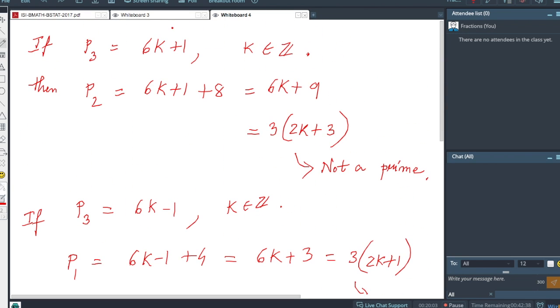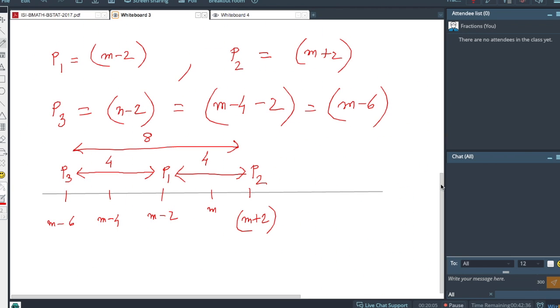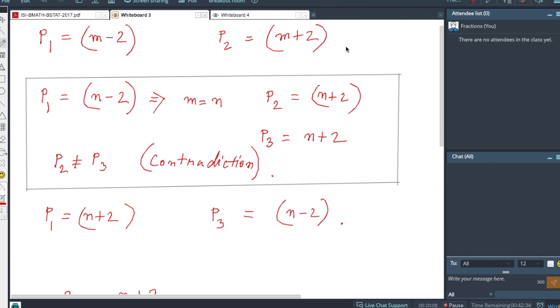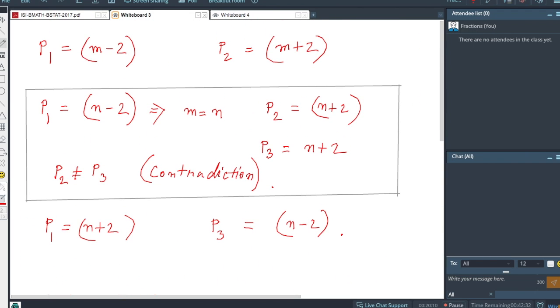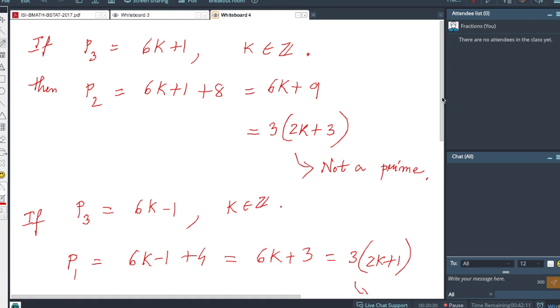So as a whole, suppose let this be case 1, and it can't happen because in every possible way we are getting a contradiction, and so this is not valid. I mean, this is not giving us any valid solution.